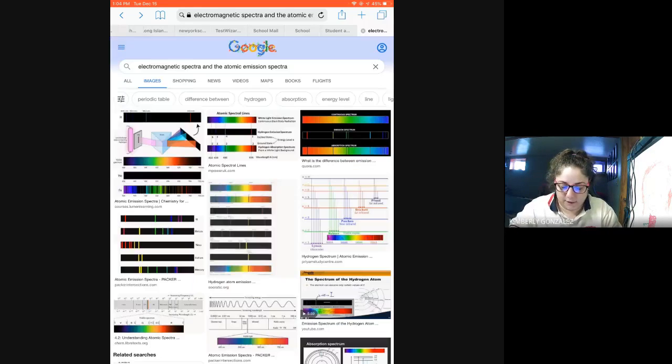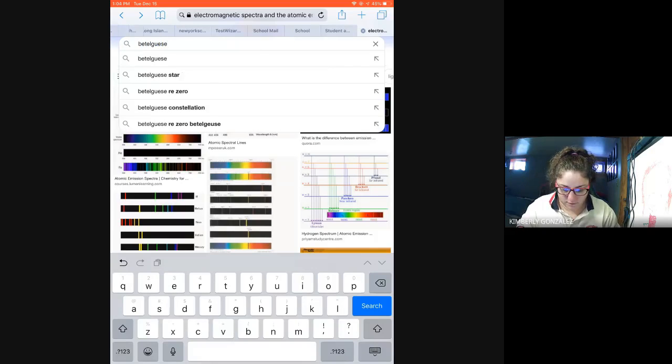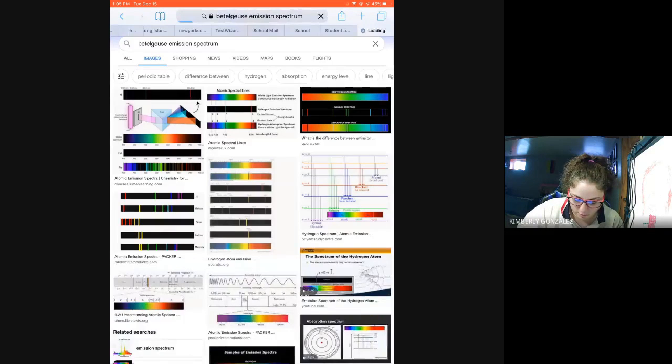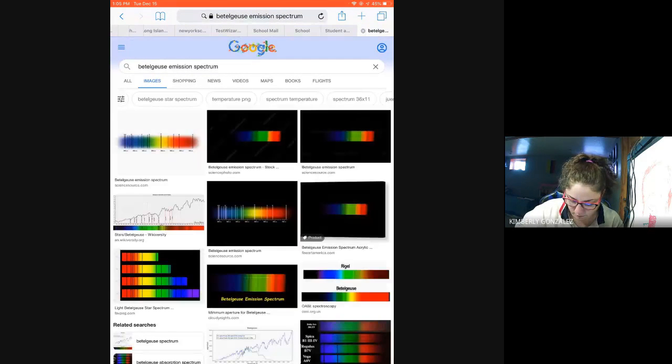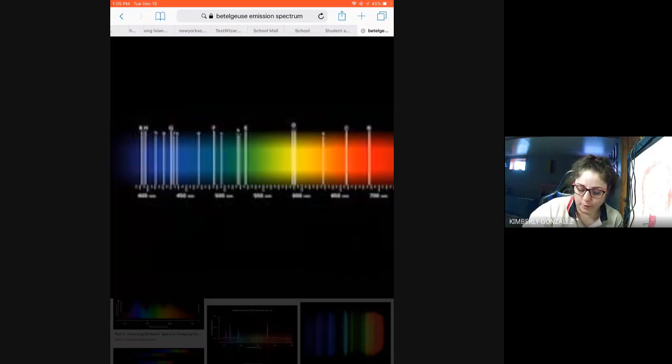So let's see if I can find one specifically for a star. Let's go with Betelgeuse. Okay, so the one of Betelgeuse, this one looks good. You can see that it's not just going to be made up of. You see how it's blurred together like that?